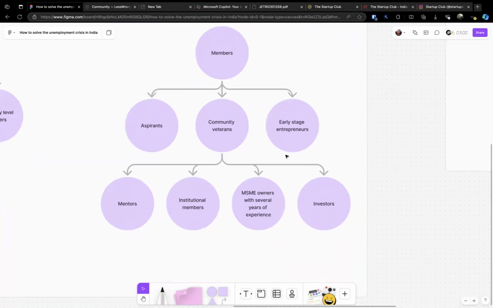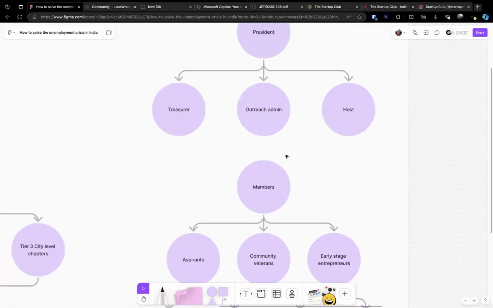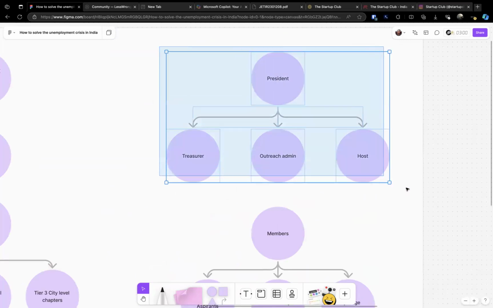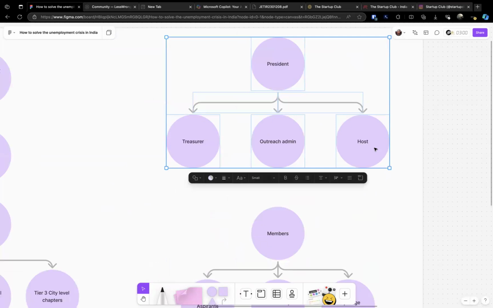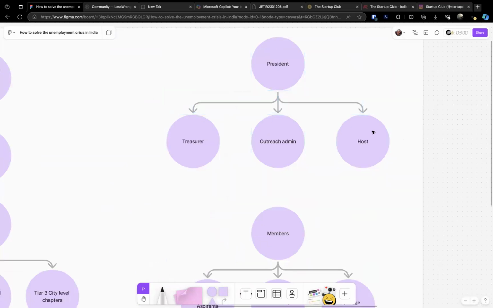So bringing all these people together is something that we have to do to create a fluid exchange of knowledge, experience and support from various members of the ecosystem.